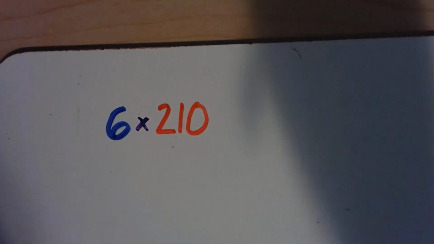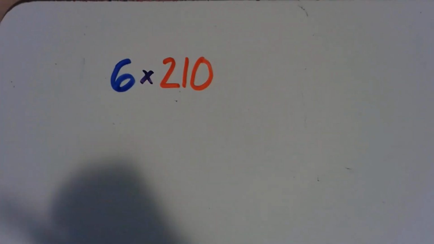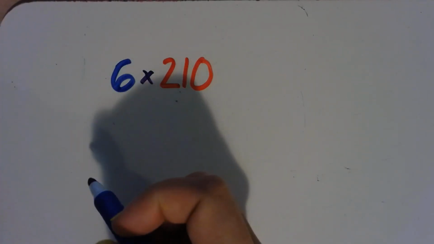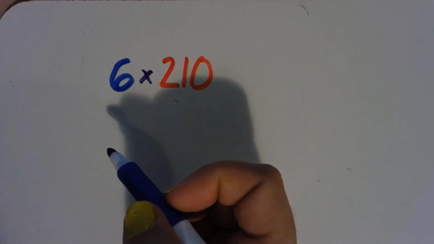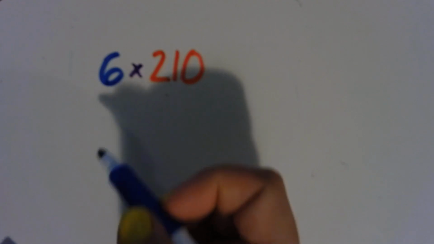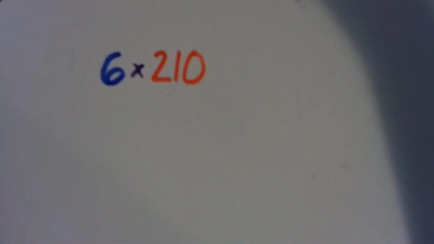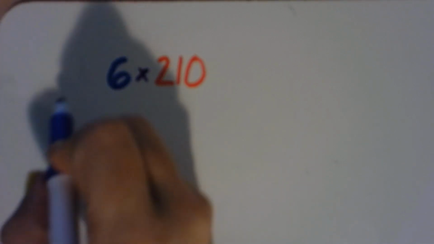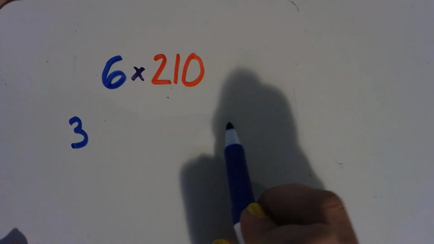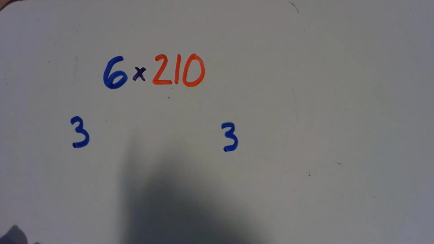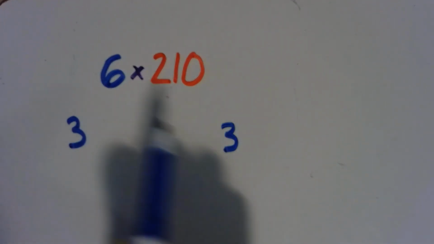So if I add the numbers, how about 2 and 3? Nope, 3, 4, 5. How about the numbers 3 and 3? Let's see, 3, 4, 5, 6. Yes. So if I take the number 3 and I have it 2 times, 3 plus 3 is 6.